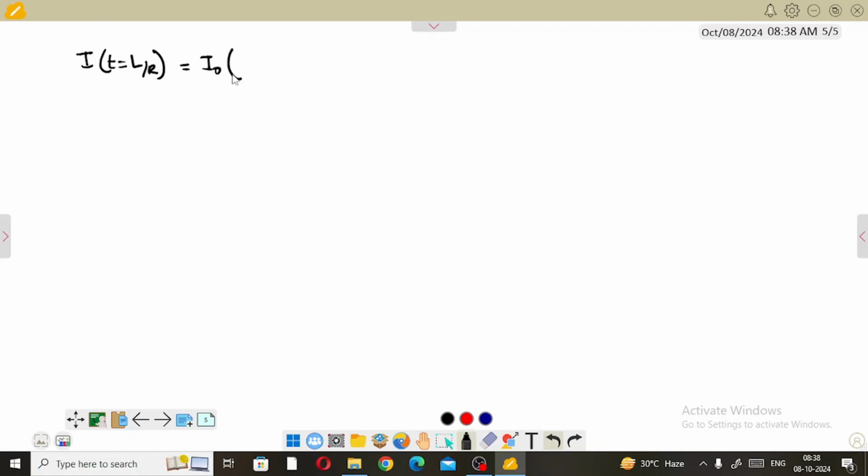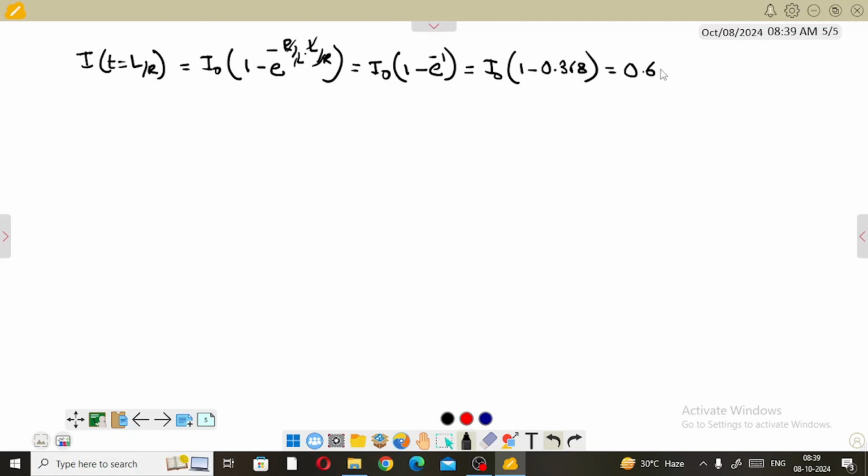I0 into 1 minus e to the power minus R by L, and my T is L by R. So if I solve this one, what I get? 1 minus e to the power minus 1, and that gives me I0 into 1 minus 0.368, and that gives me 0.632 I naught.